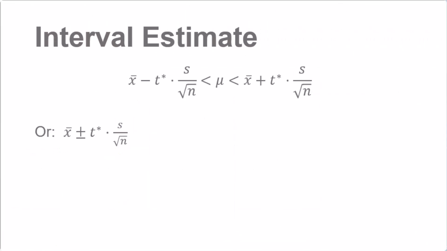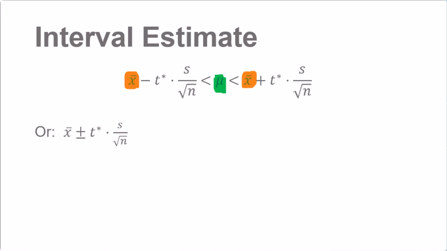So here is the formula for an interval estimate for a mean. You should notice that this is fairly similar to what we had for a proportion. We're starting with x bar, that is the point estimate, or the sample mean in this case, and we're coming up with an interval estimate for mu.